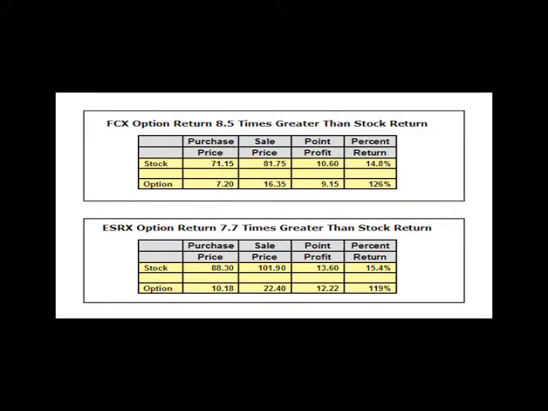And purchasing Express Script stock would have produced a 15.4% return over the same time period compared to the 119% return for the option. The option purchase in this example provided 7.7 to 1 leverage compared to the stock purchase.